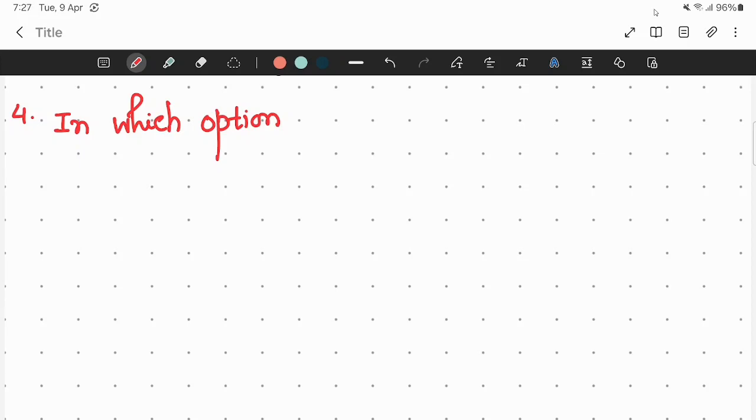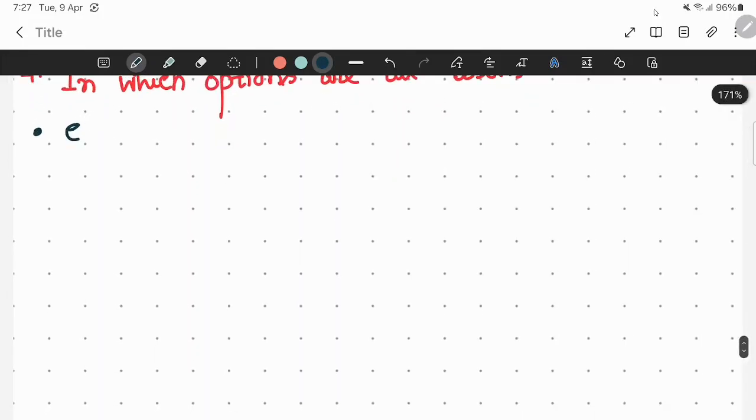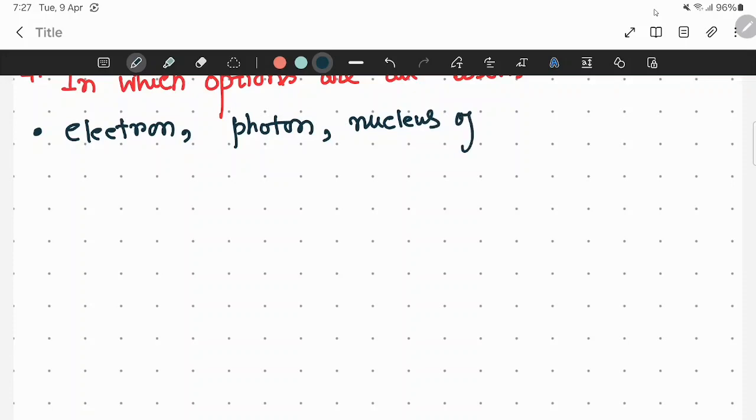Okay. So in which option all are bosons? Options are: electron, photon, nucleus of H2.